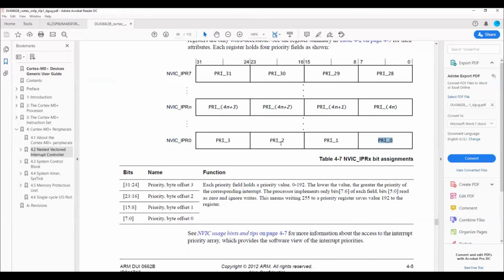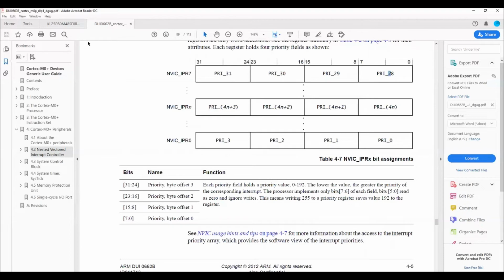Similarly, interrupt 1 here, 2 here, 3 here, and that completes 1 register altogether because 8 into 4 locations, so it's 32 bits already. Then another register is there, and similarly the last register NVIC IPR7 has the priority specification for interrupts 28, 29, 30, and 31.